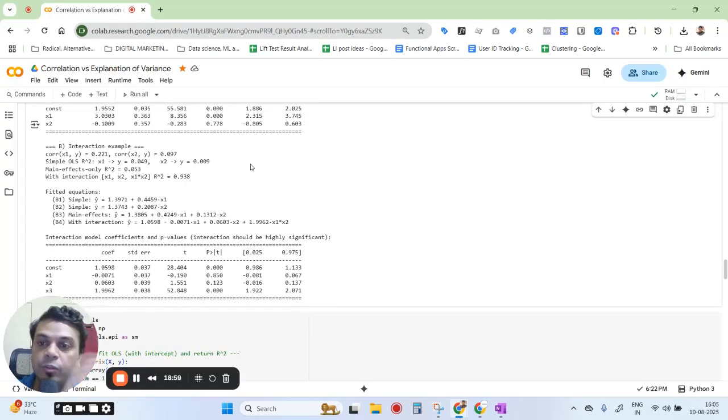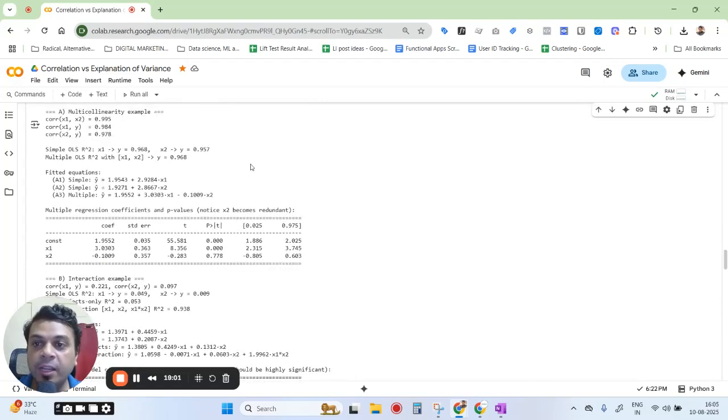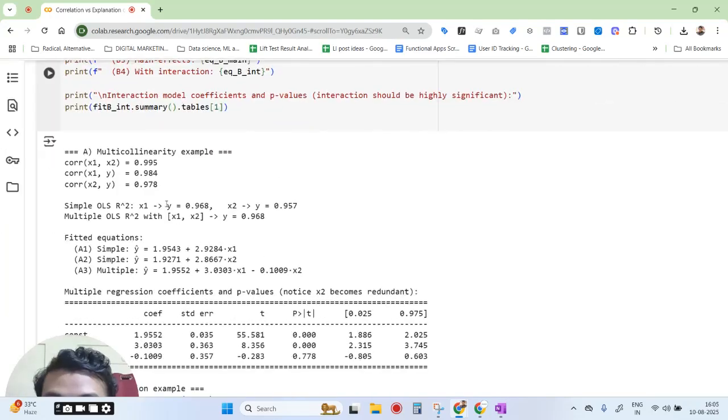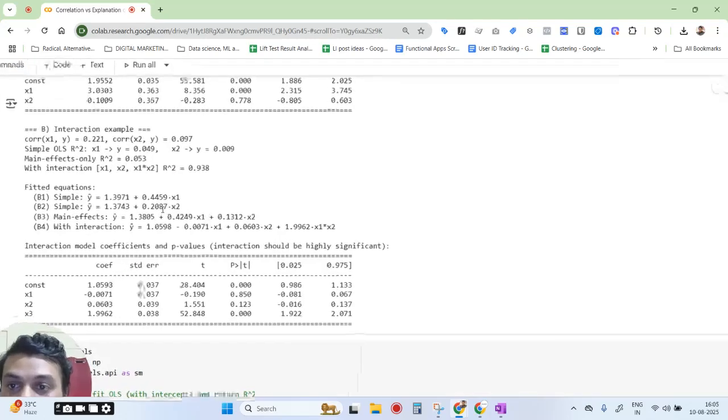You thought that individually these are not doing as much in terms of explaining variance, because correlation wise, even if you run the individual regression models, the r squared is low. Yeah, the r squared is actually low.